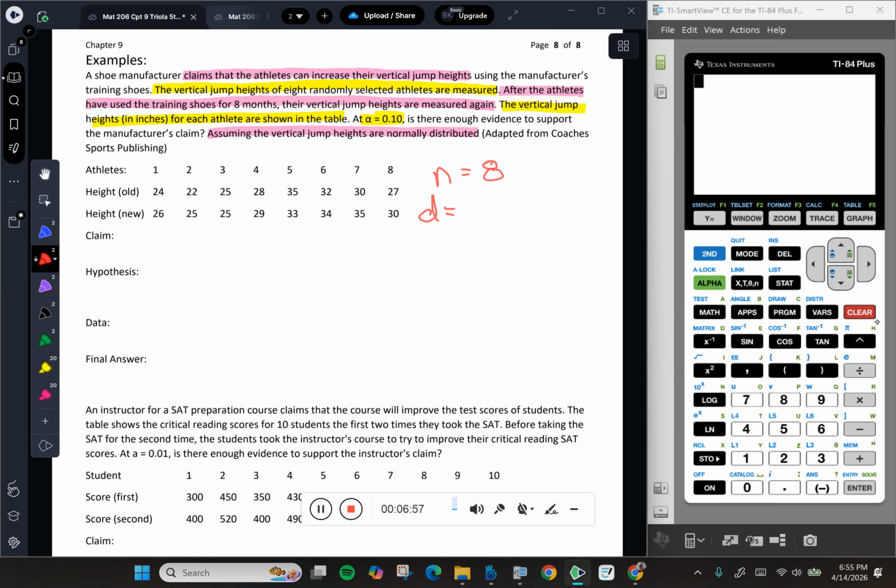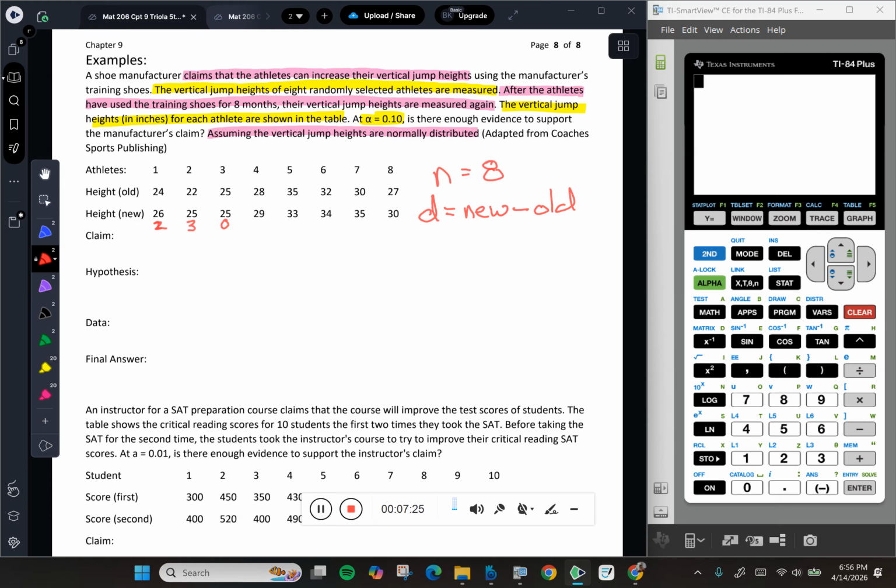Well, I'm going to say that D means new minus old, meaning the difference will be the new jump height minus the old jump height. So like for athlete number 1, D would be 2. And for athlete number 2, D would be 3. And athlete number 3, D would be 0.